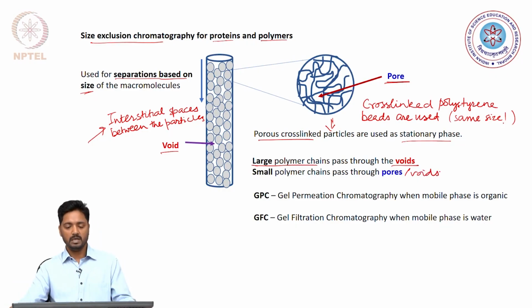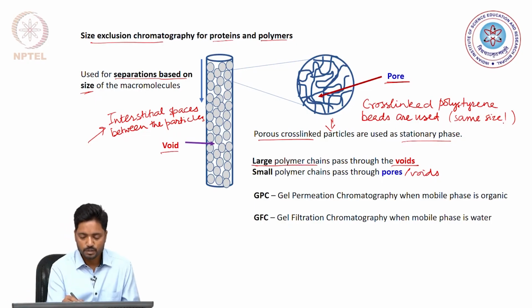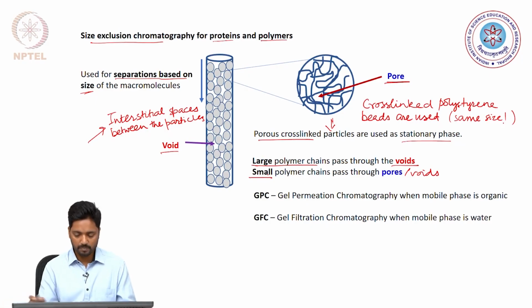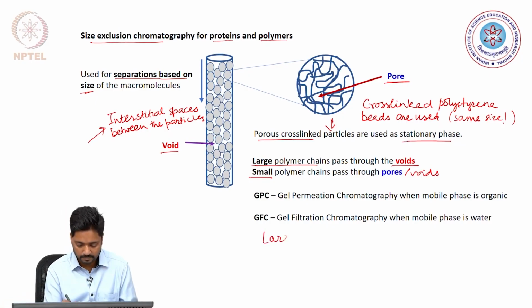So, essentially the time spent by the smaller polymer chains inside the column of size exclusion chromatography is much larger, and hence we see that the large polymer chains elute out first compared to the smaller polymer chains.